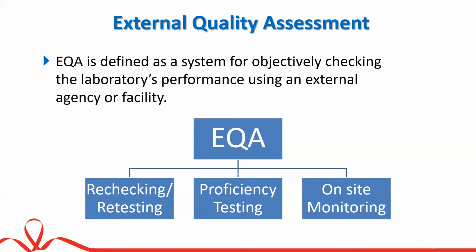When the ICTC receives this panel, they are not aware of the results, and they test it like a patient sample, and the result is sent back to the higher tier laboratory. Then the higher tier laboratory compares the results.